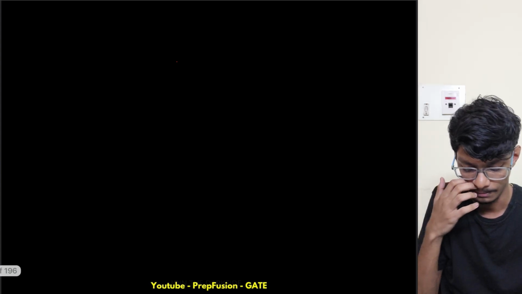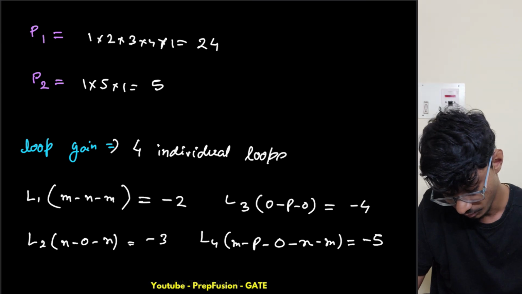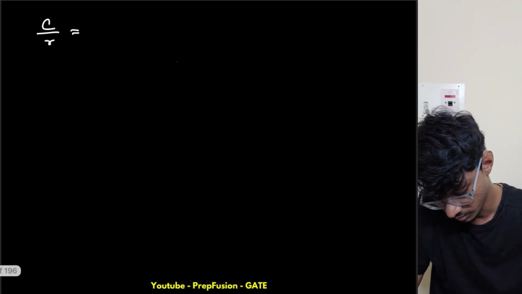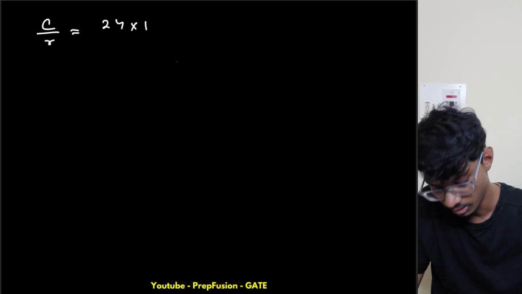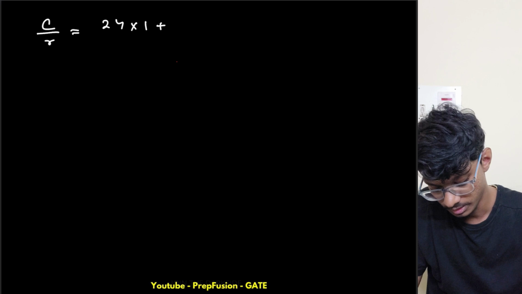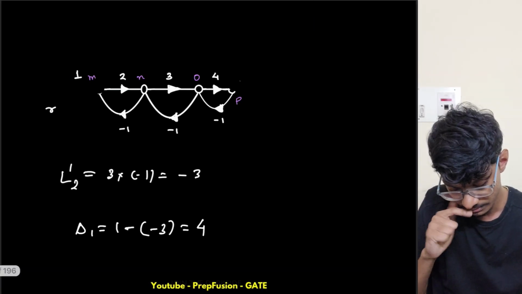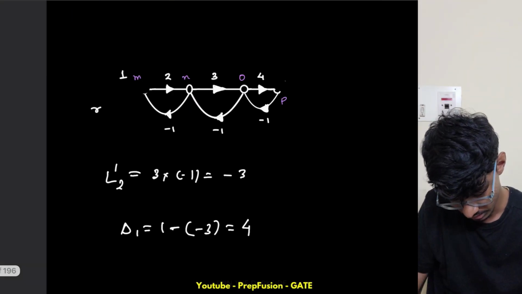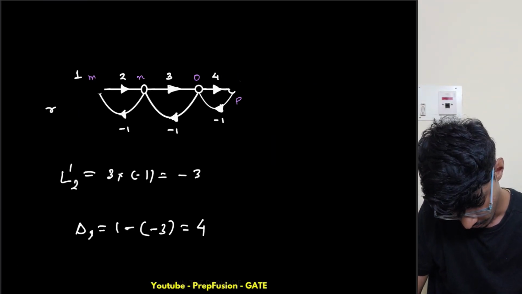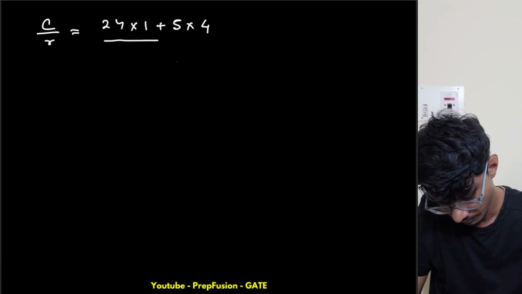Now let us put everything into the formula C by R. P1 is 24 and P2 is 5. So this is 24 times delta 1, which was 1 only, plus P2, 5, times delta 2, which is 4 only.